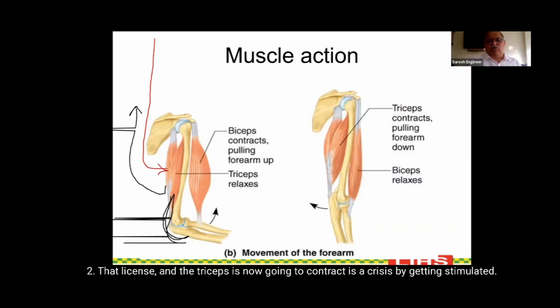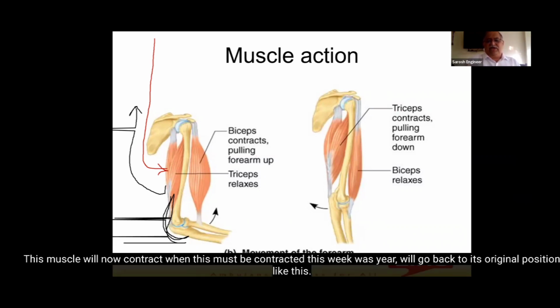And the triceps is now going to contract, because the triceps is getting stimulated. So the one which was looking elongated because it was getting stretched, this muscle will now contract. When this muscle will contract, this which was here will go back to its original position like this.